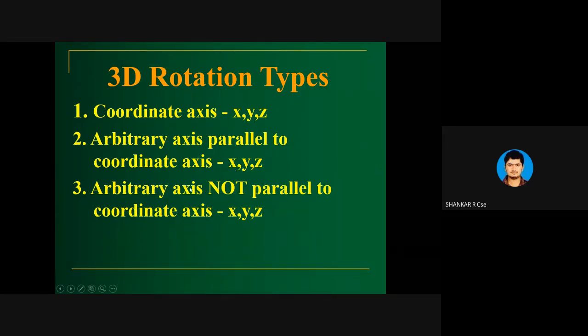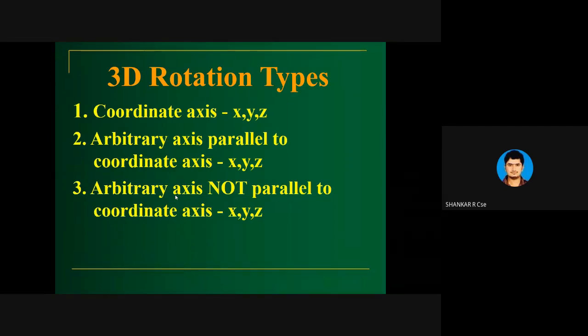The third type, which is quite difficult, is your own axis not parallel to the coordinate axis. This is what I had given in the test, and in the textbook it is being done via vector multiplication, dot product and cross product, which I have avoided in my PPT. I have gone with plain trigonometry.